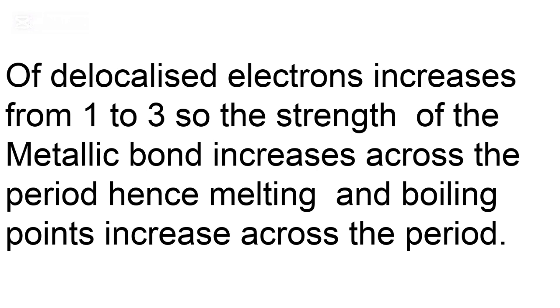So we expect sodium to have a weaker metallic bond than aluminium because the strength of the metallic bond increases as we move across the period due to the increase in the number of delocalized electrons and also due to decrease in size. Increase in number of delocalized electrons and decrease in the size of the atom.